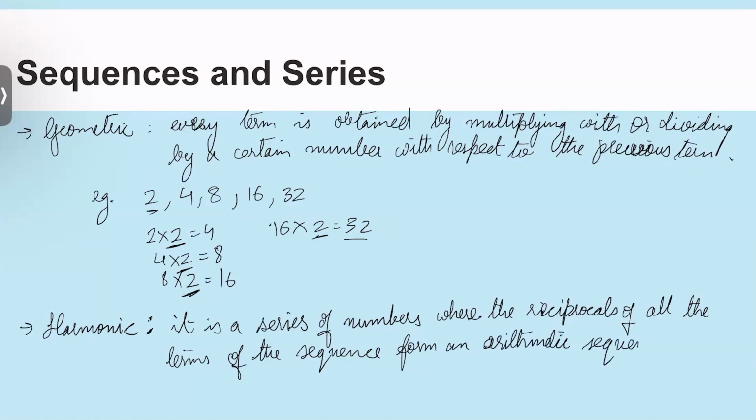So this means that a series of numbers can be called a harmonic sequence only if the reciprocals of all the terms of the sequence themselves form an arithmetic sequence. Okay, so this is a bit more complex in nature.